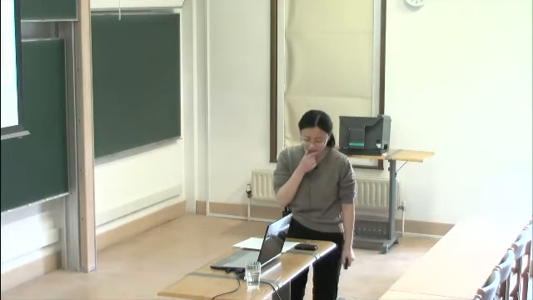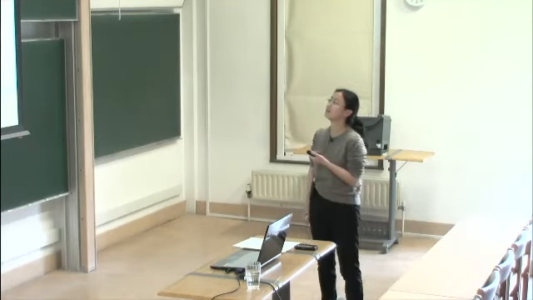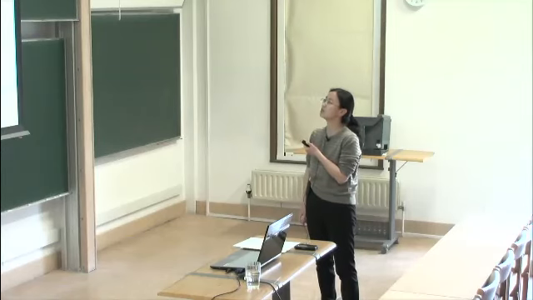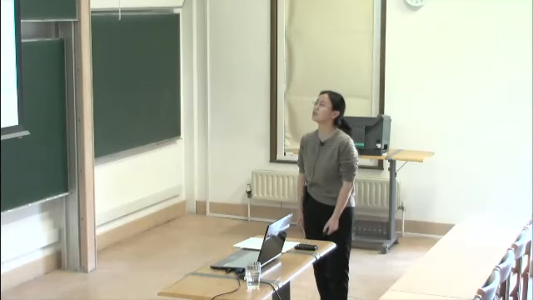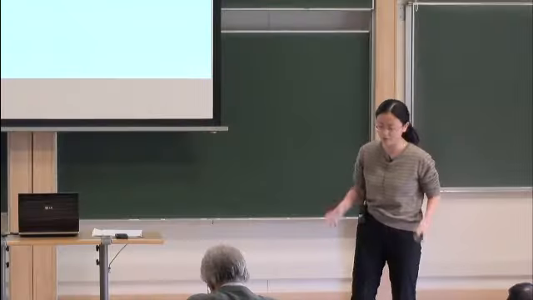This theory can be uplifted to five dimensions to what is called N=1 SU(N) gauge theory, living on the space-time which is the original four-dimensional space times an S^1 compact circle.